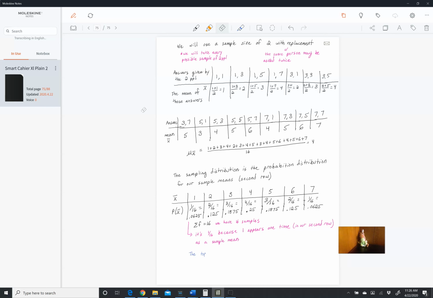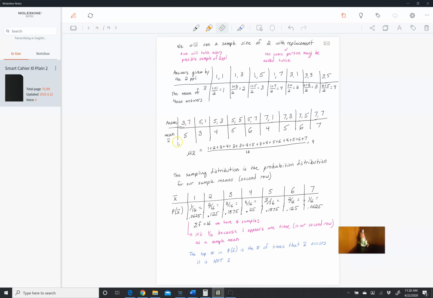The top number, or the numerator, in P of X bar is the number of times that mean occurs. It is not X bar, right?